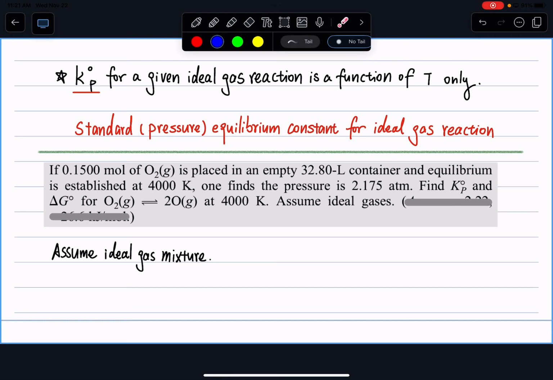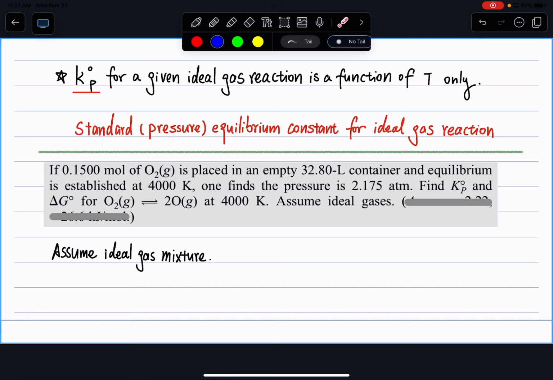The second piece of information we want to know is how much reaction is taking place. We know that initially we have 0.15 mole of oxygen placed in the reaction mixture.